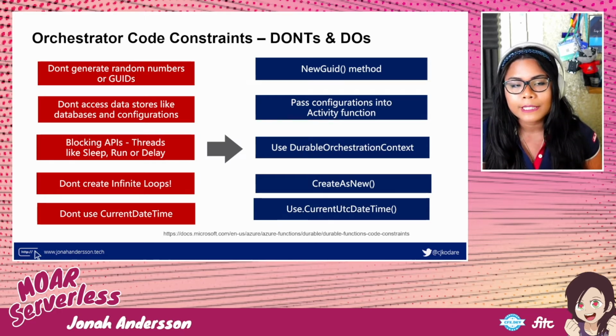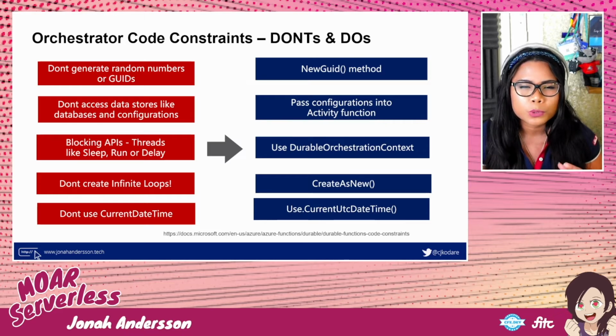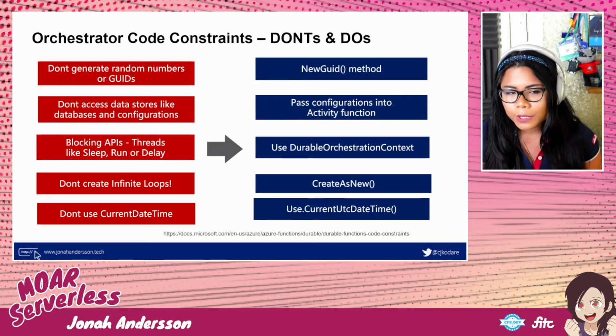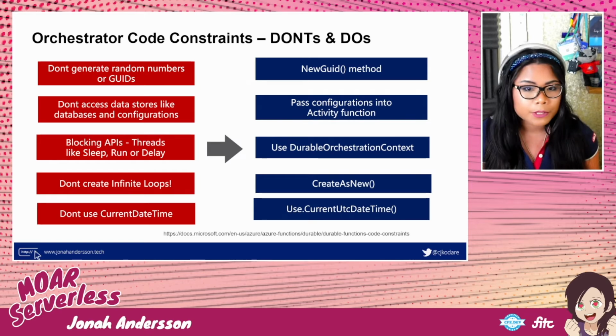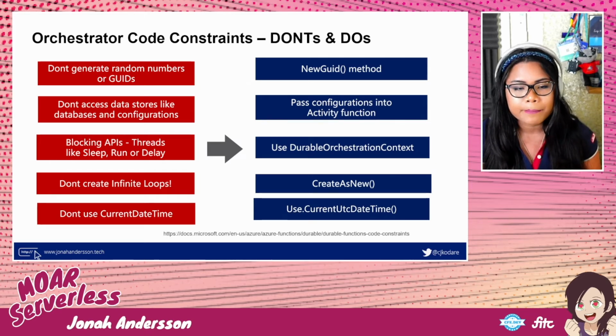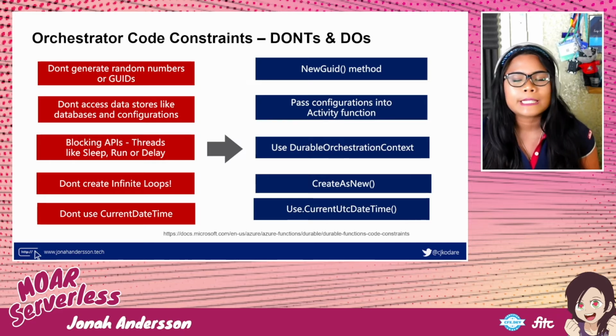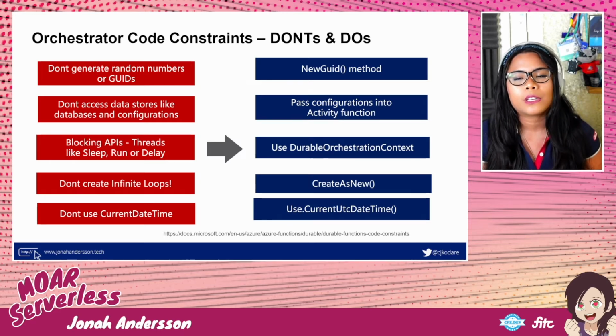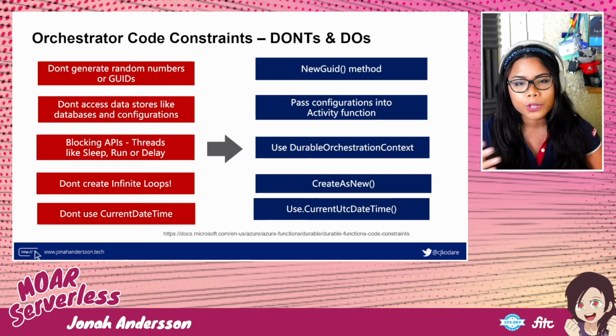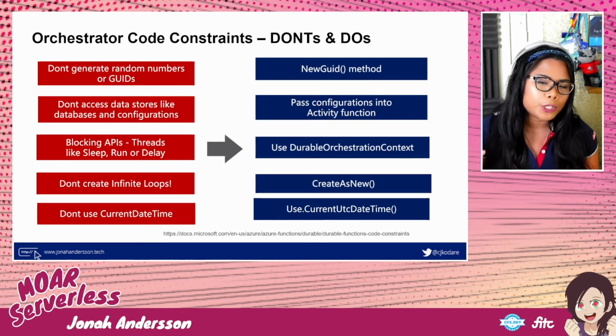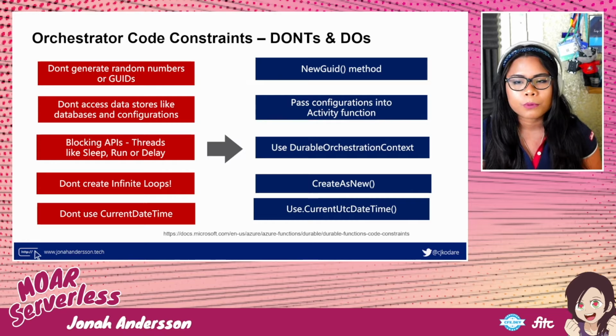In the orchestrator, it's recommended not to write GUIDs or random numbers, as well as configurations, blocking APIs, or loops, for example. But what you can do instead is use the method new GUID through the context, and you can pass your configuration through the activity functions.